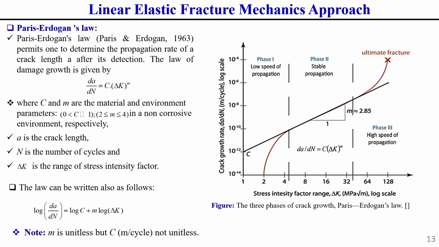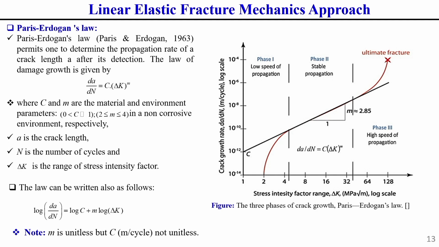Now, we will discuss what is called Paris law, or Paris-Erdogan law. We can say simply Paris law or Paris-Erdogan law. Paris law is generally applicable in phase 2, the stable propagation zone.